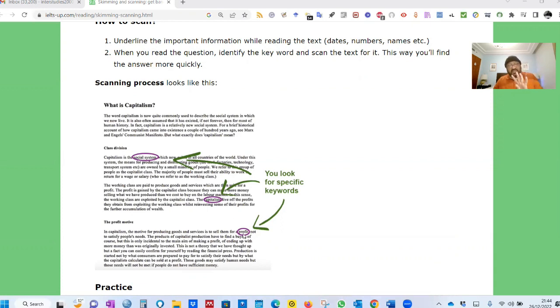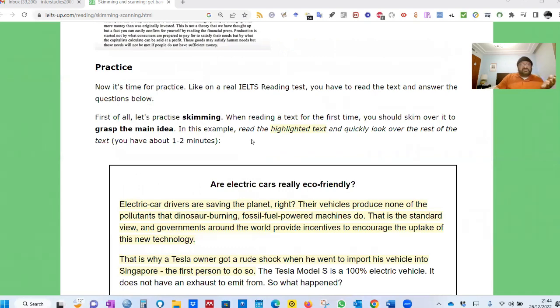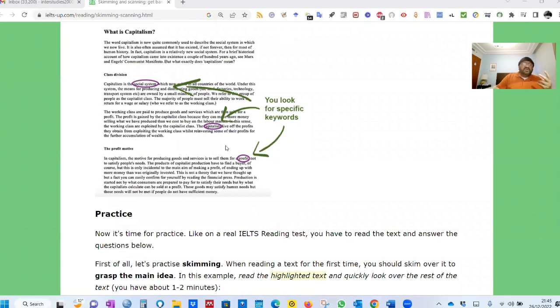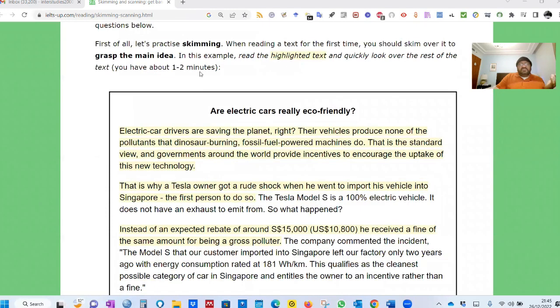These three specific keywords we have taken for the scanning process. You understand now? Scanning is very easy because you go straight to the word, capitalism, for example, which is what the passage is about. But this is again skimming.